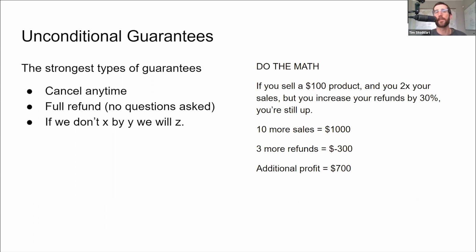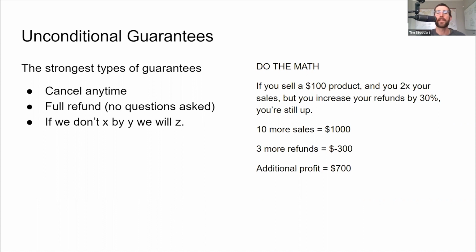So it's very simple math. Just do the math. Let's imagine you have a $100 product, and let's imagine that you put no stipulation on it. Let's say it's a membership site like Copy Blogger Academy, and you say you can get a full refund at any time, no questions asked, meaning people 3 years from now can reach out to me and get a full refund no matter what.